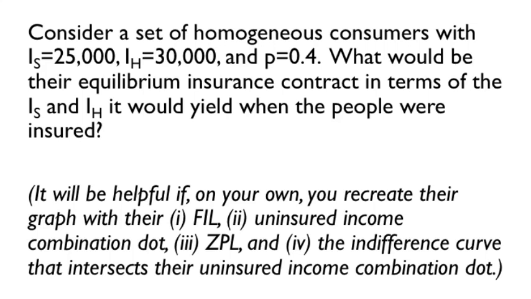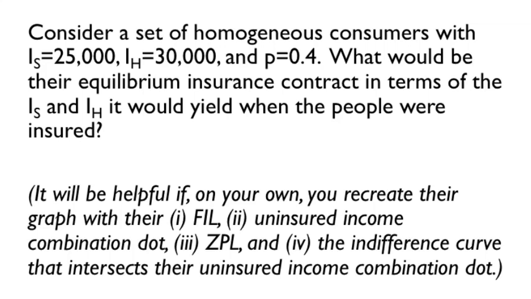Specifically, I want you to consider a set of homogeneous consumers with a sick income when they're uninsured of $25,000, a healthy income when they're uninsured of $30,000, and they're homogeneous, so all of the people are also going to have a 40% probability of getting sick, so their P is going to equal 0.4.